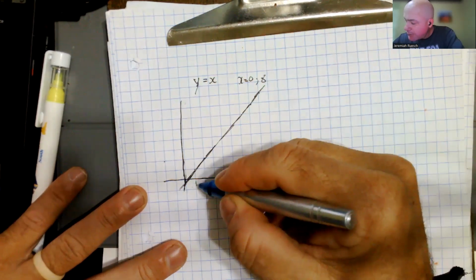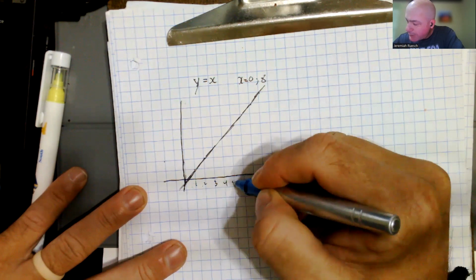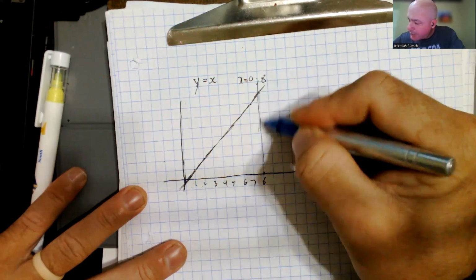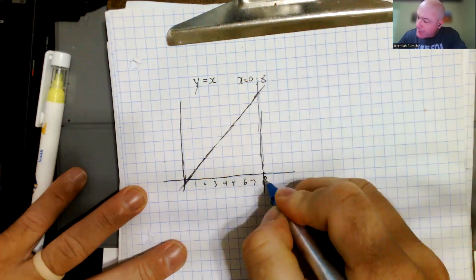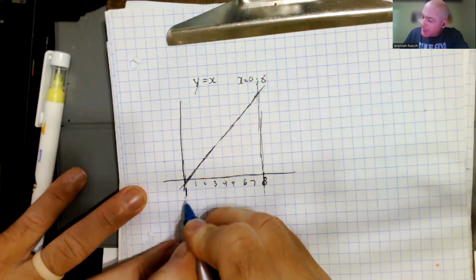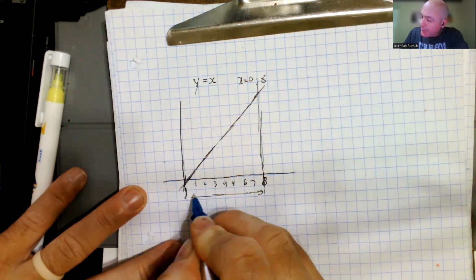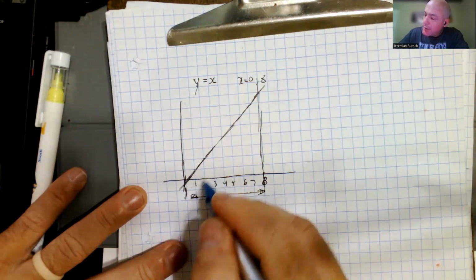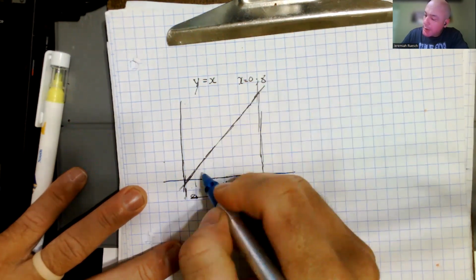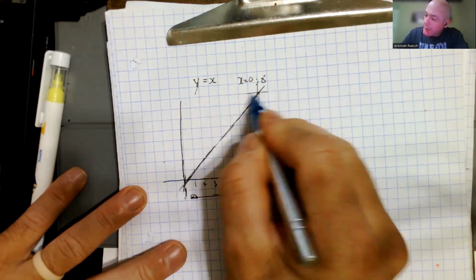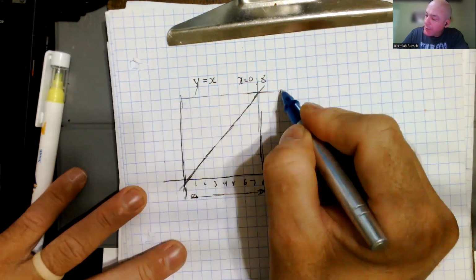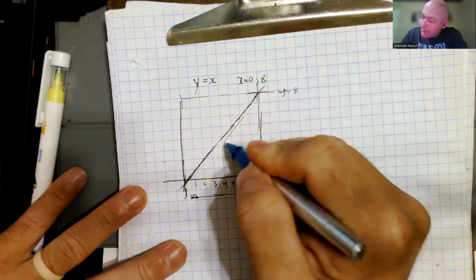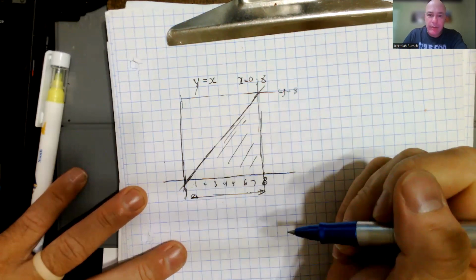So we're looking at this region right here. Here is where x equals 8, and x is 0 here. So we're looking at this region in the x values. And in this case, the height here is also y equals 8. So it's really this region that we're interested in.